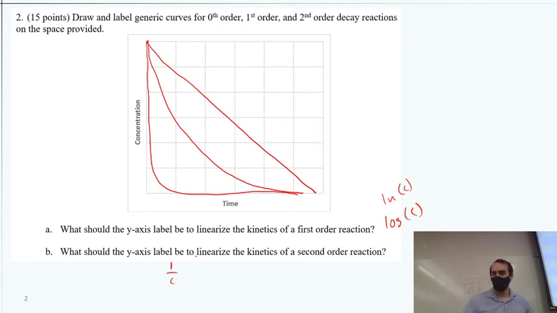And if you were to take a look at the last page, I did provide you the integral form of the 2nd order rate equation there for a batch system, where we have the integral of dc over c squared from c naught to c is 1 over c minus 1 over c naught.